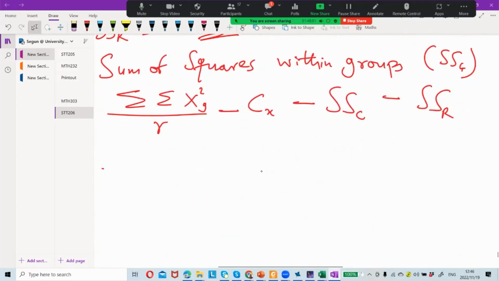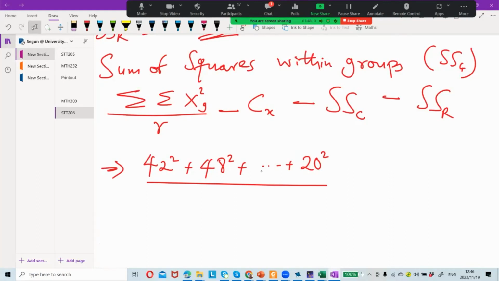It's going to be 42 squared plus 48 squared plus 20 squared, everything divided by 6 because we are dealing with 6 groups, minus 1980, minus 201, and minus 20.